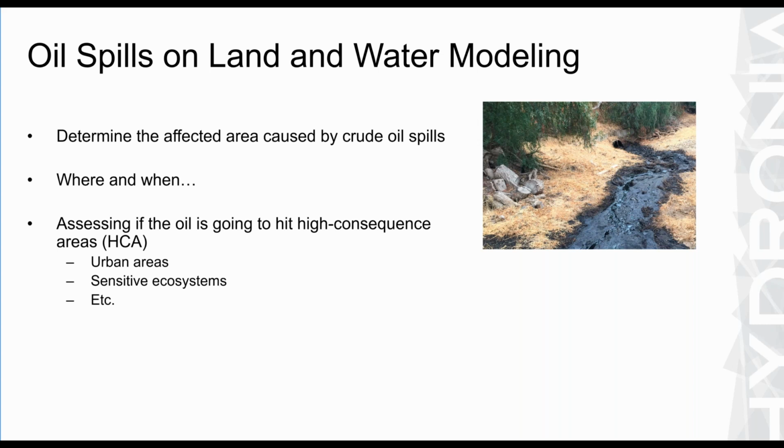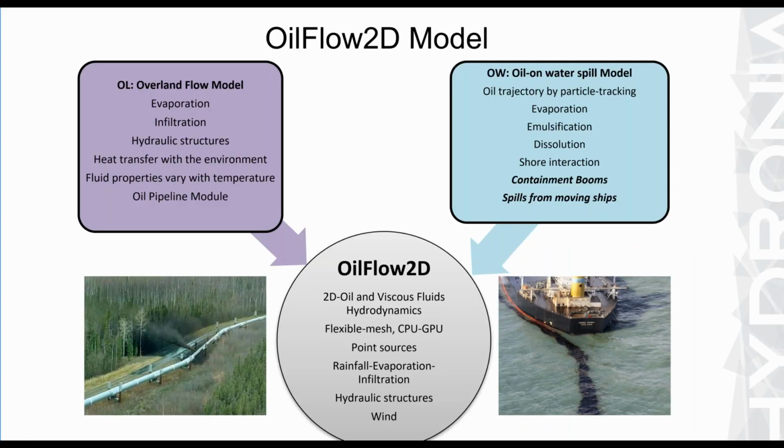That can be urban areas, sensitive ecosystems, streams, water bodies, water supply systems, and so forth. The origin of the spills can be different sources: well blowouts, pipelines, tanks, and in the case of water, spills can originate from tankers, ports, or different locations that are near water bodies.